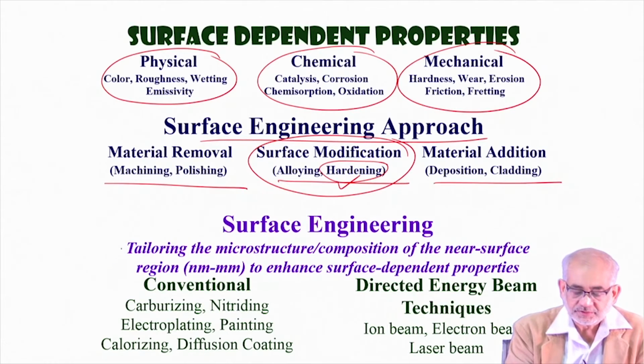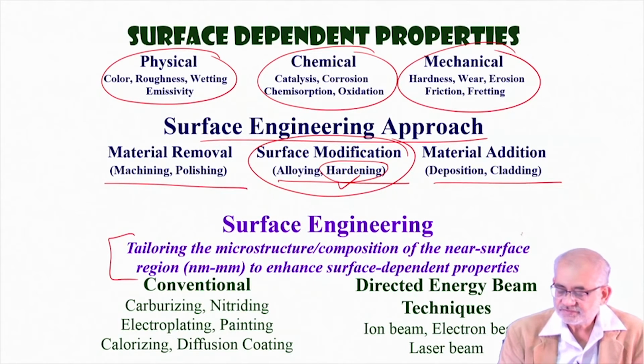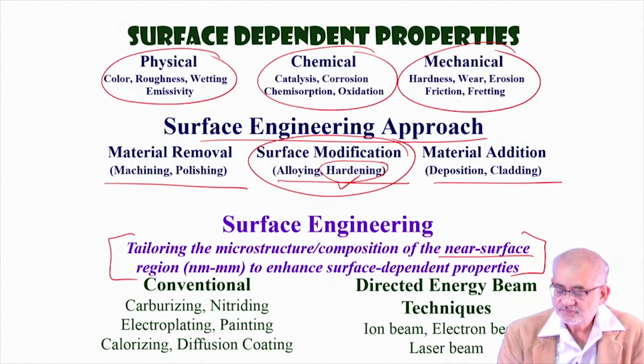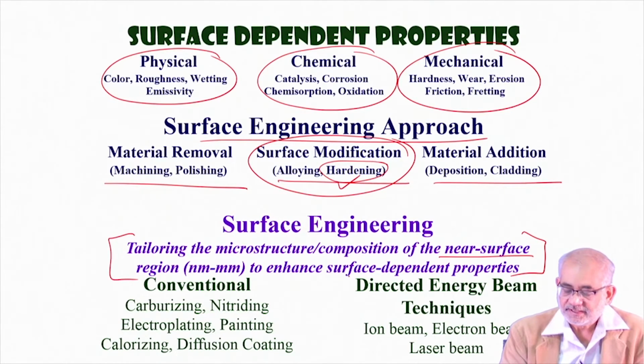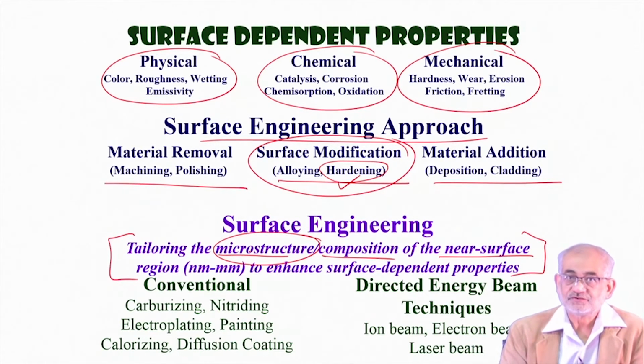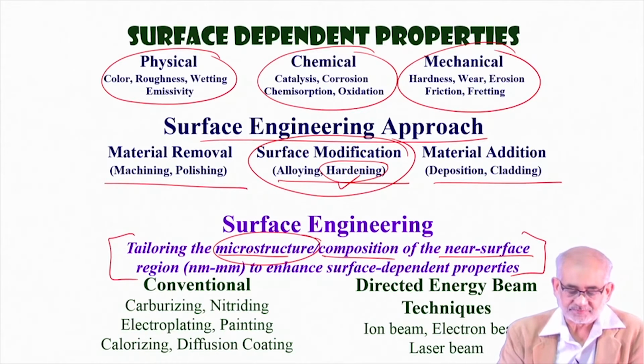So the overall scope of surface engineering is, this is what we have discussed, be it a nanometer or few millimeter from the surface, we call it near surface region, and we modify the microstructure and composition or both. In today's application using laser, we'll only change the surface microstructure, and we'll see how it can improve the surface dependent mechanical properties.